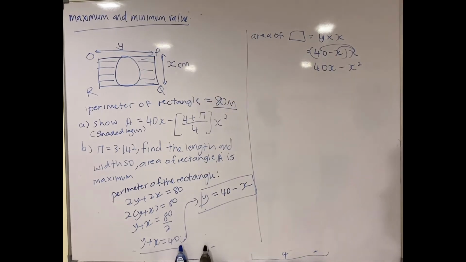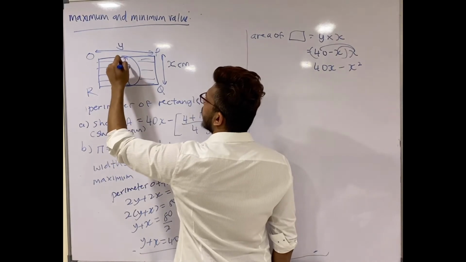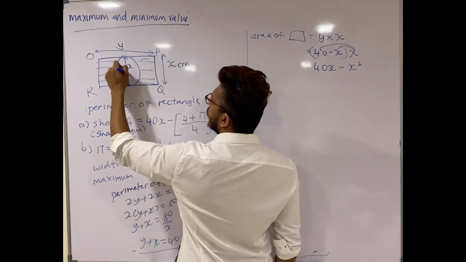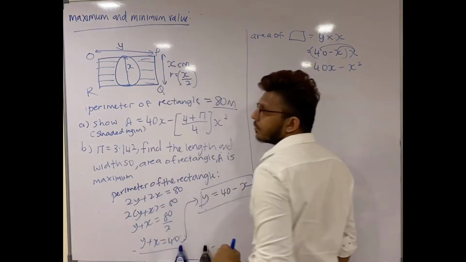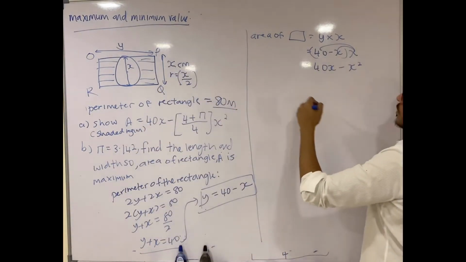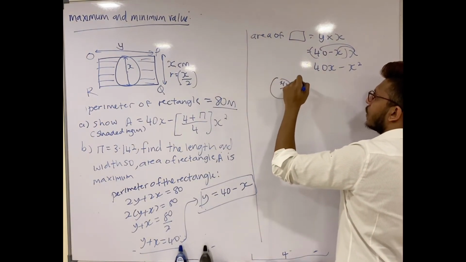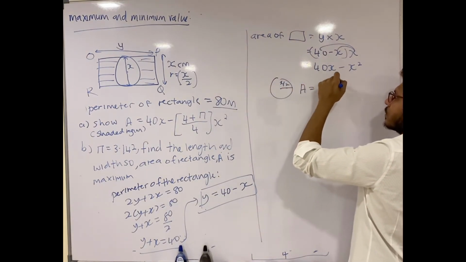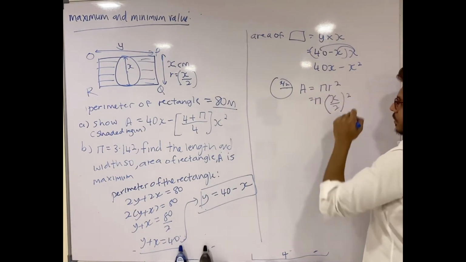Now, how am I going to get it for the circle? Do you realize the diameter of the circle is x? So, based on this, the radius is going to be x divided by 2. Okay? So, I'm going to do that here. For the circle, the radius is x over 2. So, area equals pi r squared, pi times x over 2 squared.